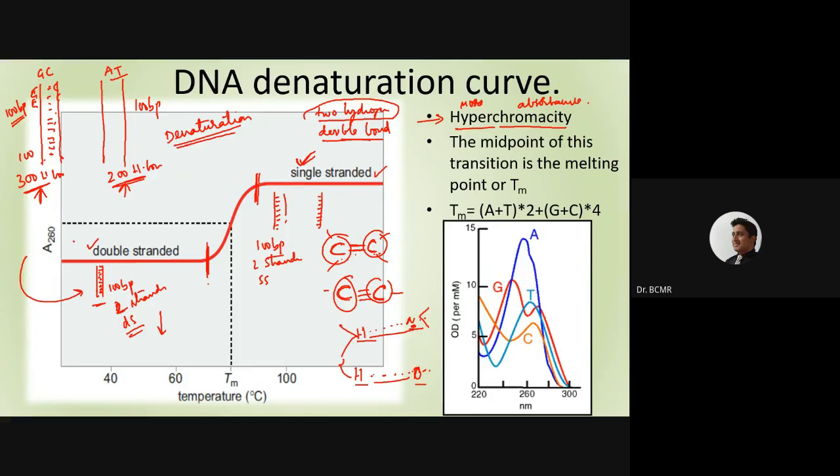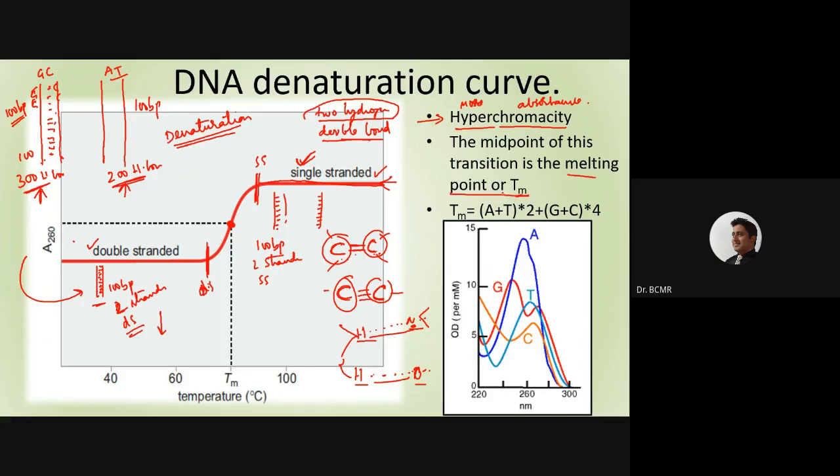Okay? And from then on, there is no change, so they will remain at this level. I mean, the absorbance will remain constant. The midpoint of this transition from double-stranded to single-stranded is referred to as the melting point, or Tm simply.